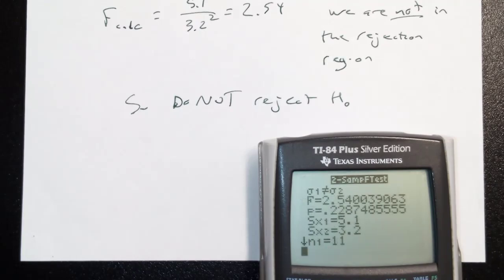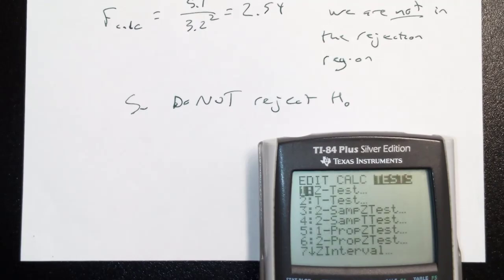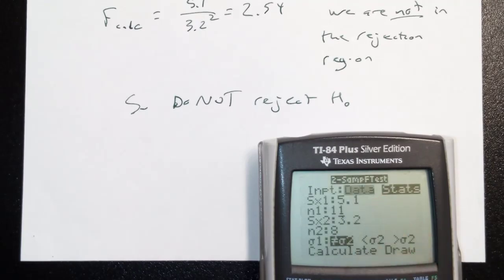It just gave me the calculated F value, and then it computed the p-value from it. I can also, in this test, put in the data if I put the data in list 1 and list 2 respectively. That's the same thing I can do in Excel, and Excel is much more powerful, so I'm going to do one like that in Excel.